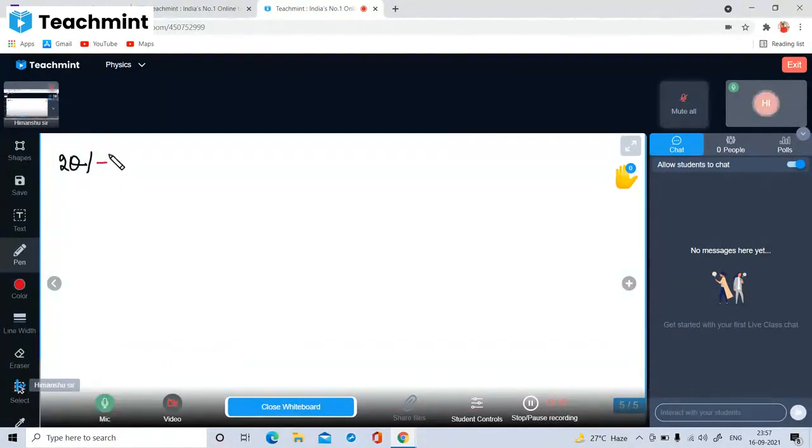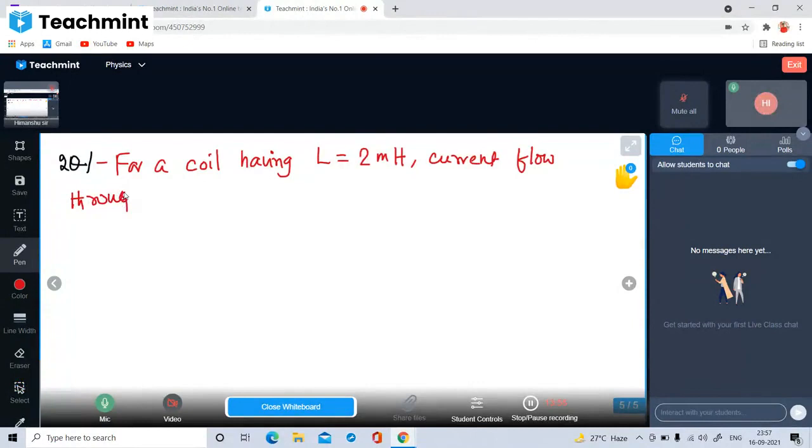So for a coil having L equal to 2 millihenry, the current flowing through it is I equal to t square e to the power minus t.